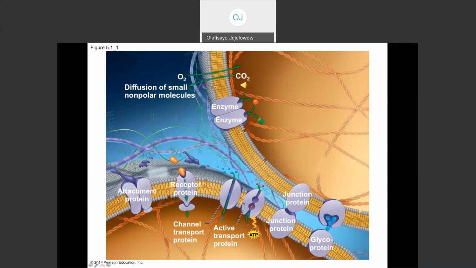Suspended protein channels such as the ATP synthase involved in active transport help to move materials against the concentration gradient. Channel transport proteins help to move materials passively across the phospholipid bilayer. Receptor proteins act in signal transduction across the membrane, and then attachment proteins help to solidly attach the cytoskeleton and cell membrane to the extracellular matrix.